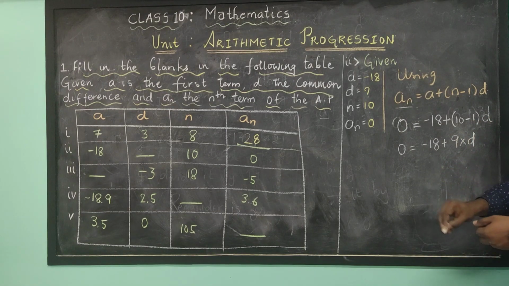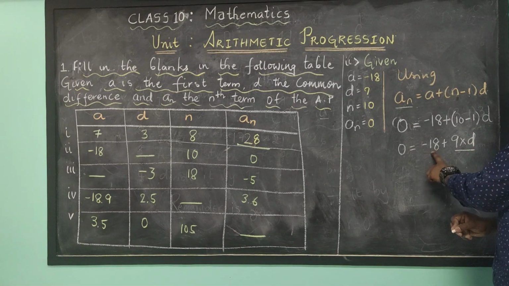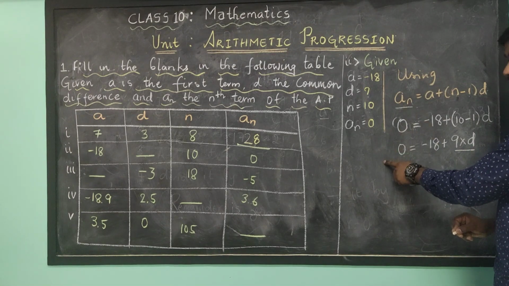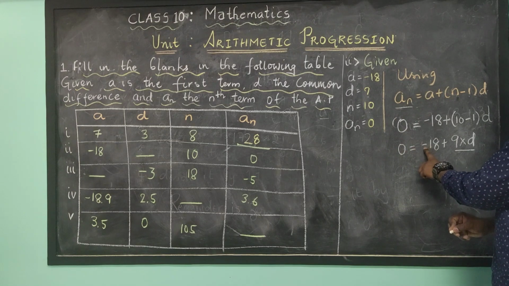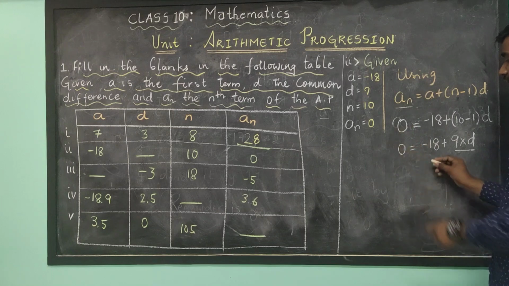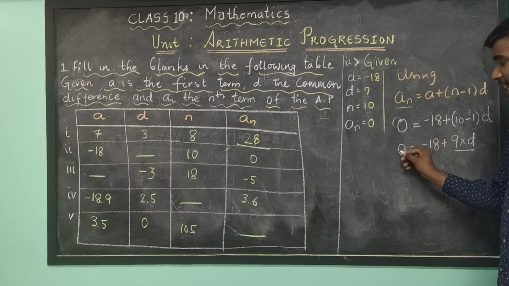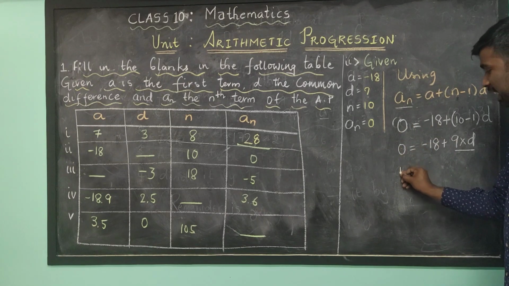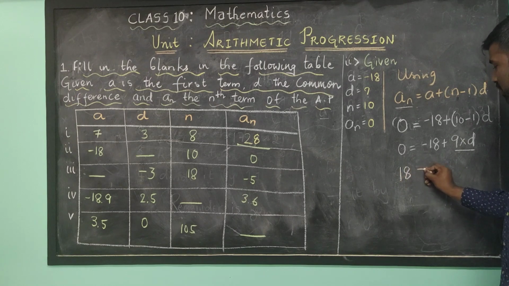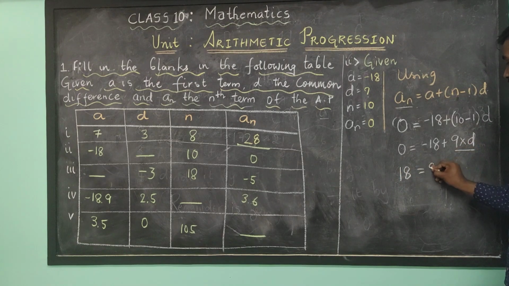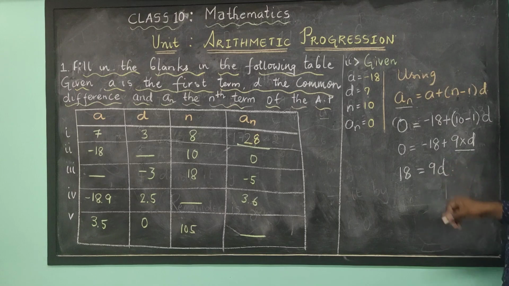Now what will I do? Since I have to find d, I'll shift this minus 18 to LHS. After shifting, the sign changes. If it is minus here, after shifting it becomes plus 18. Plus 0 is 18, which is equal to 9d.